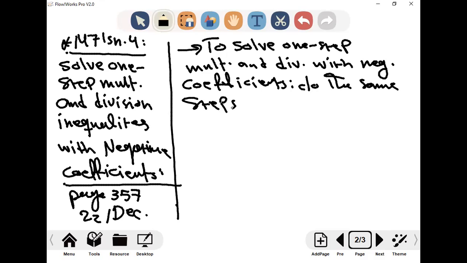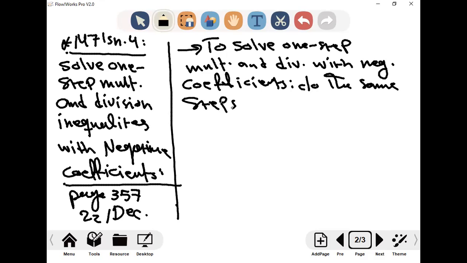If you divide or multiply both sides of the inequality by a negative number, switch the inequality sign. If it's more than, it will be less than. Less than, it will be more than.